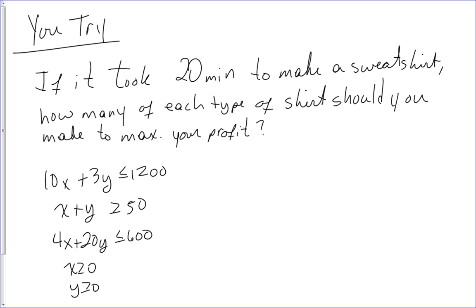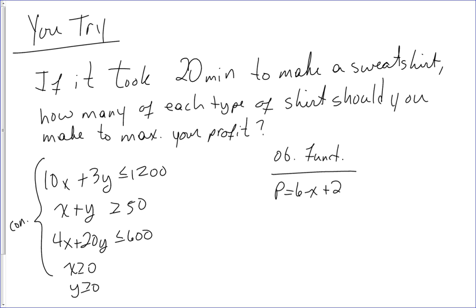So these were our constraints. And, of course, our objective function was P equals 6x plus 20y. Oops, that's 30y.